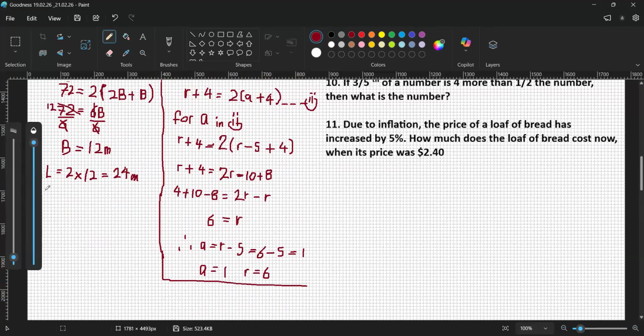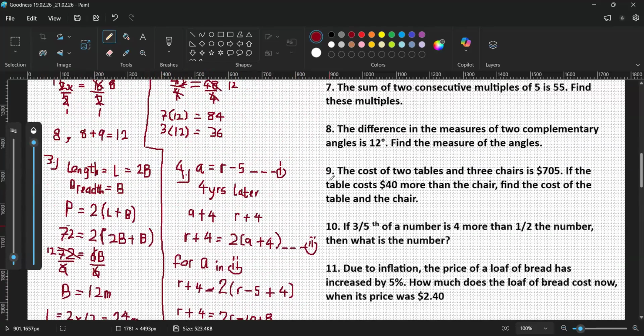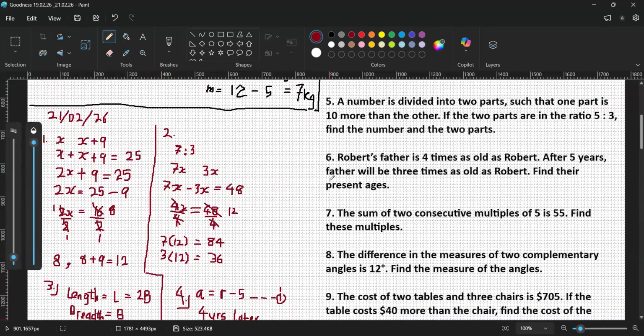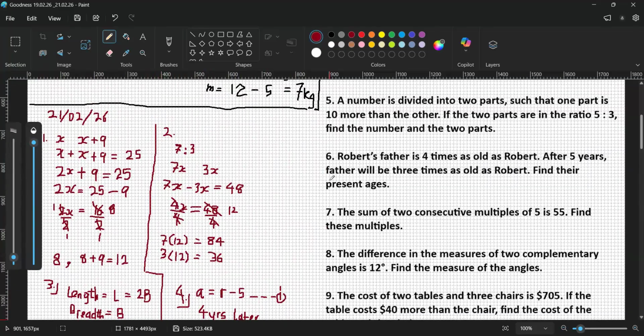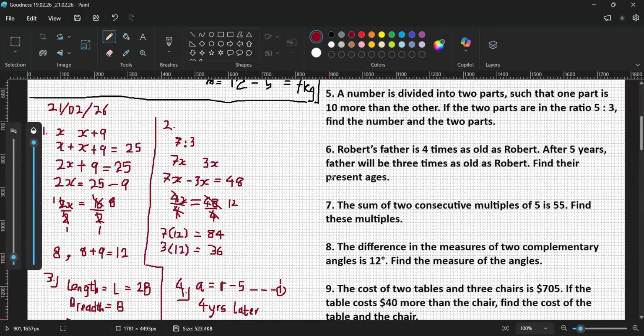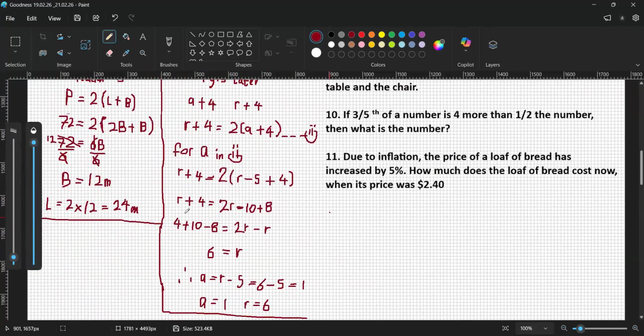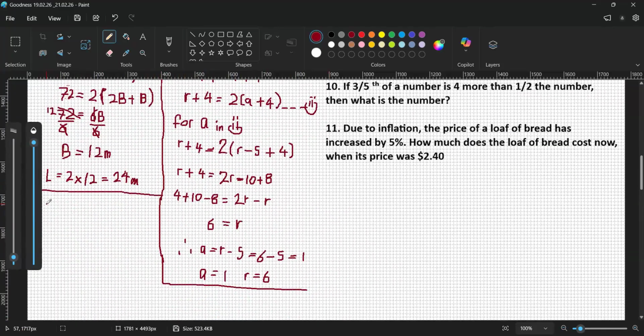Okay, so it says a number is divided into two parts such that one part is 10 more than the other. So if I say one part of the number is x, the second one will be what? 10 plus x, right?